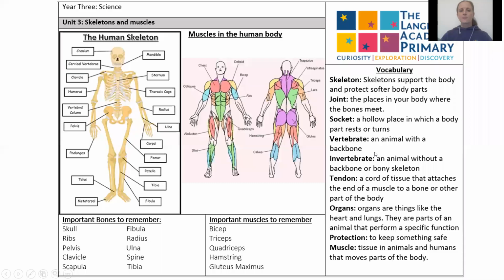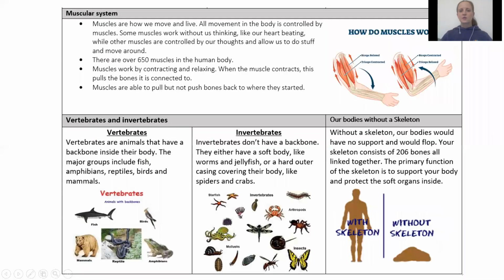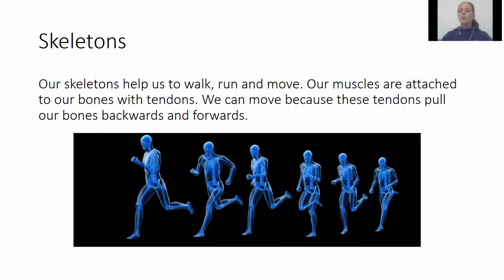So, as mentioned, we learned that our skeletons help us to walk, run, and move. Our muscles, which we're going to go into a little bit more detail about next week, are attached to our bones by tendons, and we are able to move because these tendons pull our bones backwards and forwards.